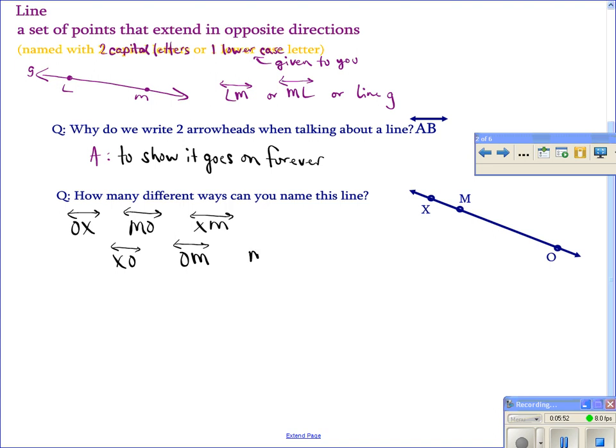So it does not matter the order you pick the letters, what letters you pick. You just have to pick 2 letters on that line, and you've named that line. And then I'll know exactly what you're talking about.